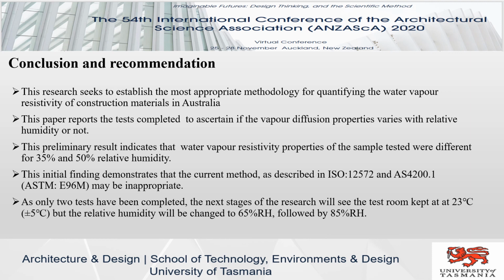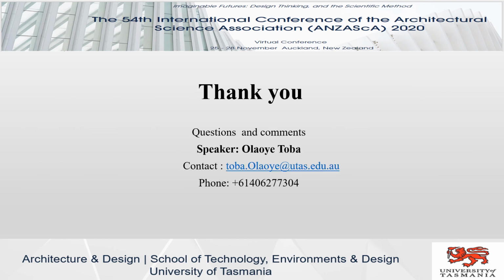As only 2 tests have been completed, the next stage of research will see the test room being kept at 23 degrees Celsius, but the relative humidity will be changed to 65%, followed by 85% relative humidity. Thank you.